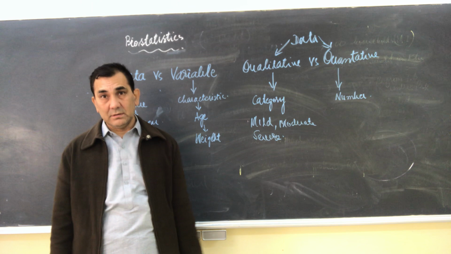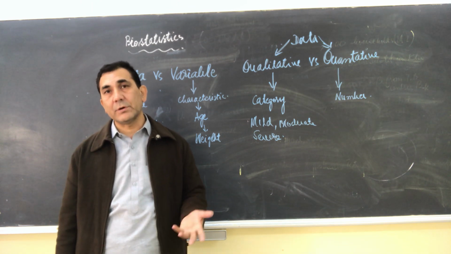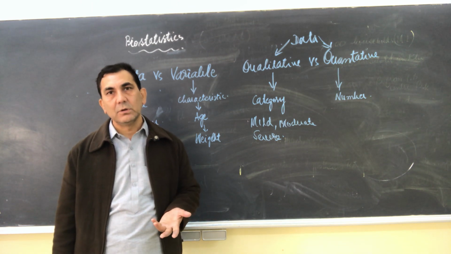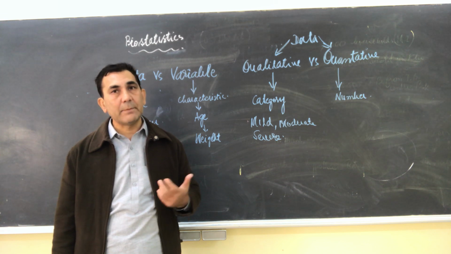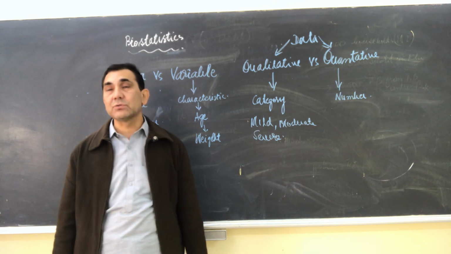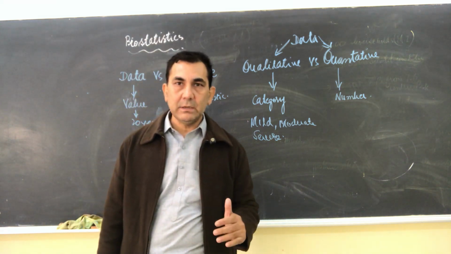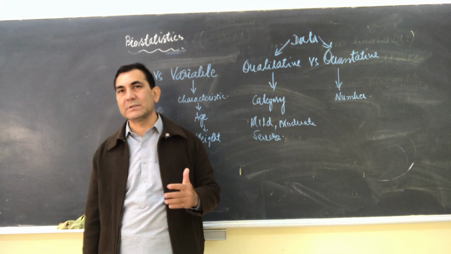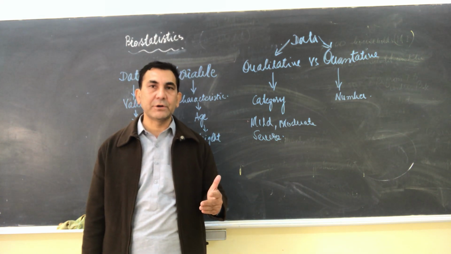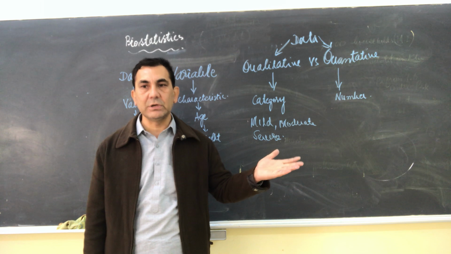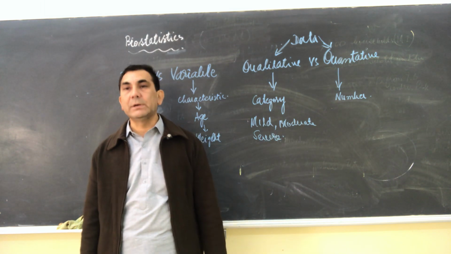Anxiety: mild anxiety, moderate anxiety, and severe anxiety. These again are qualitative data. Level of education, like primary, middle, and secondary, then undergraduate, graduate, and PhD. This again is a type of qualitative data.